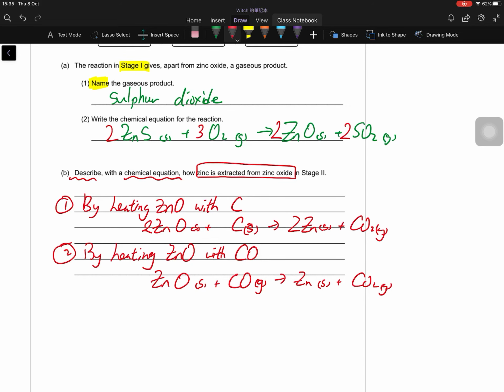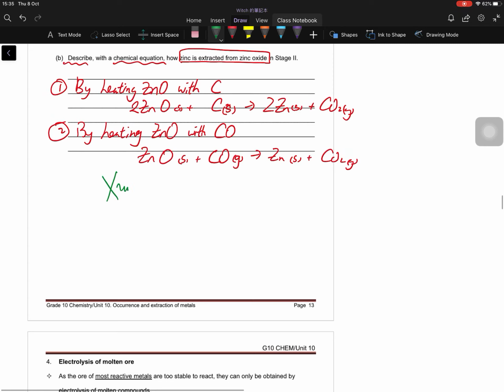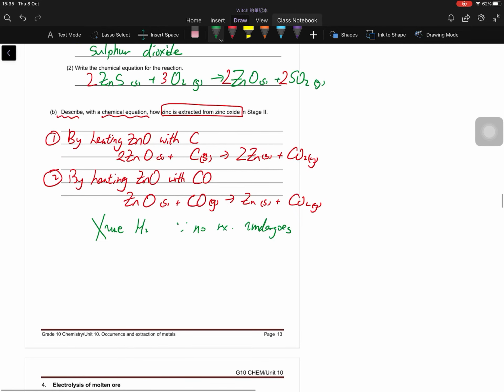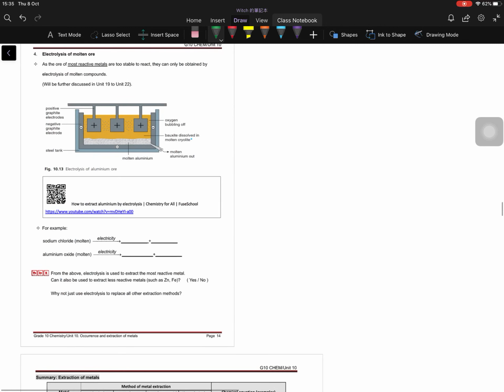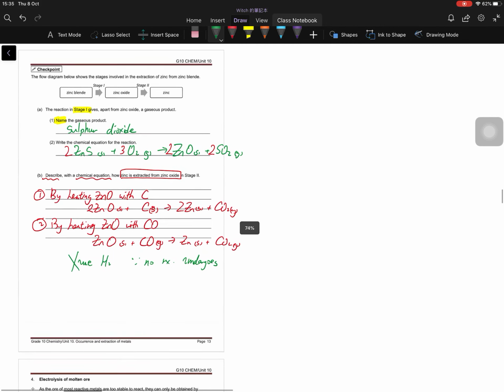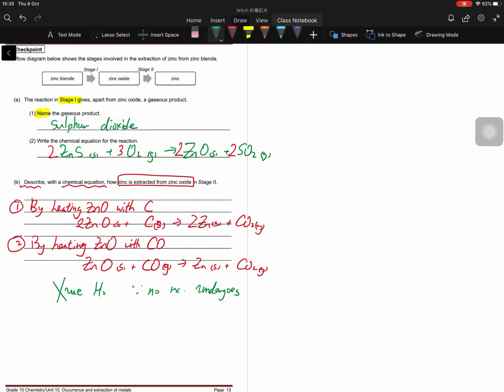But keep in mind that you cannot use hydrogen because no reaction undergoes. So this is what we have come across. Now, maybe here you can get the idea, right?